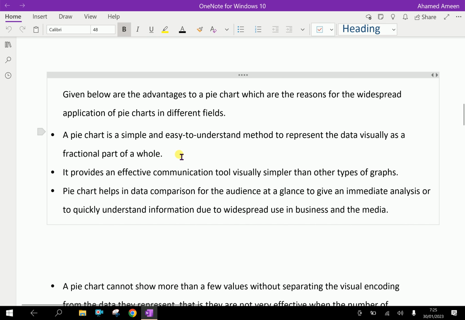So a normal person can also easily understand, and it gives a pictorial understanding and good ideas about the business environment. It provides an effective communication tool, visually simpler than other types of graphs. So normally, if you are giving numbers and sentences about business development, it is easier and quicker to understand by pictorial views.